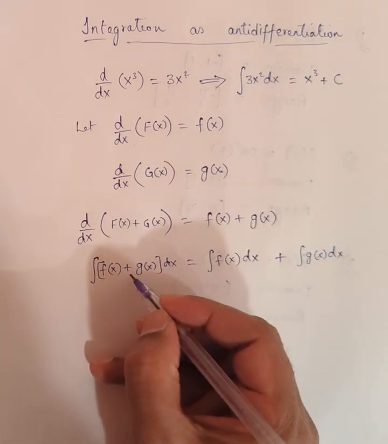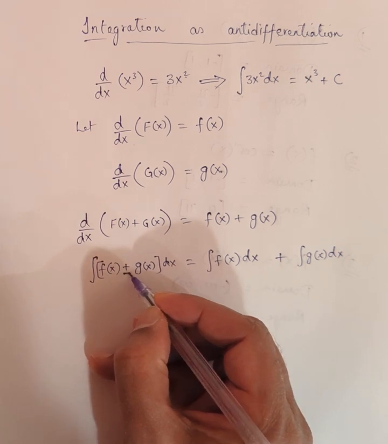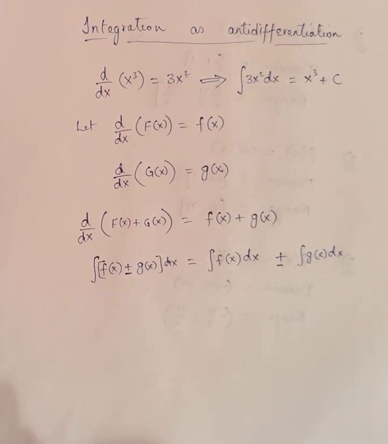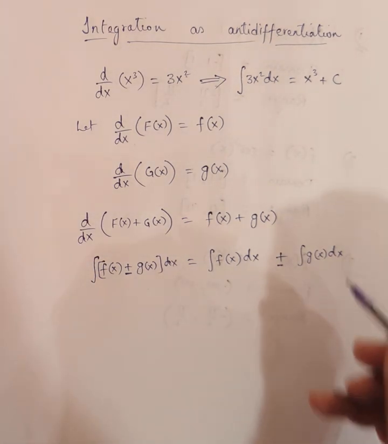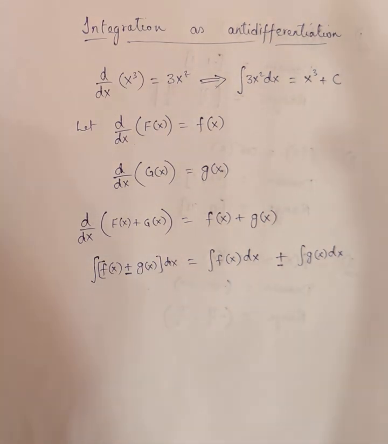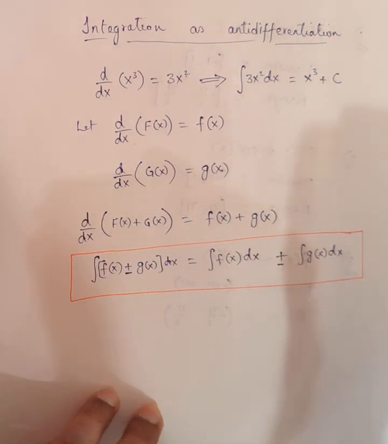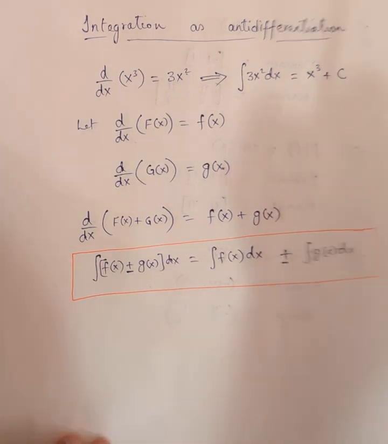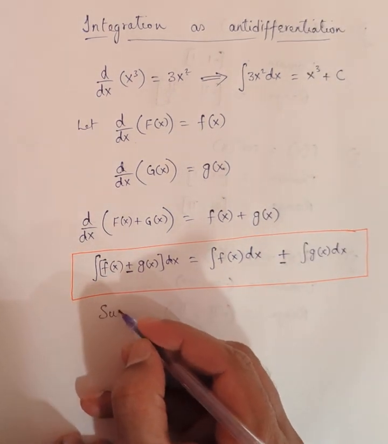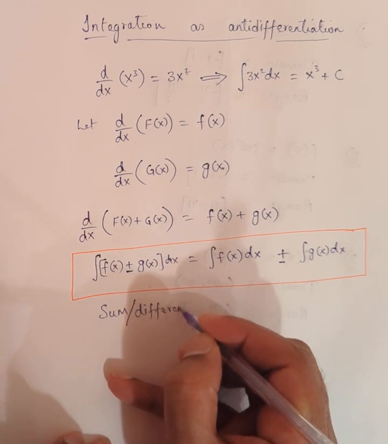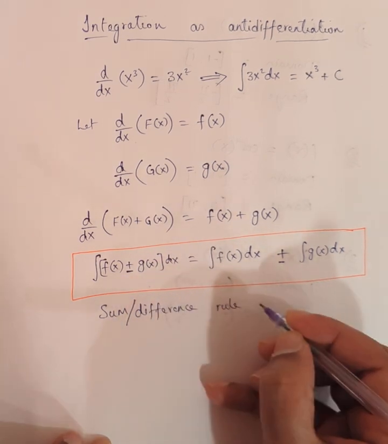Now the rule does not change if I replace plus with a minus. So that's the sum rule for integration. So let's call it the sum or difference rule for integration.